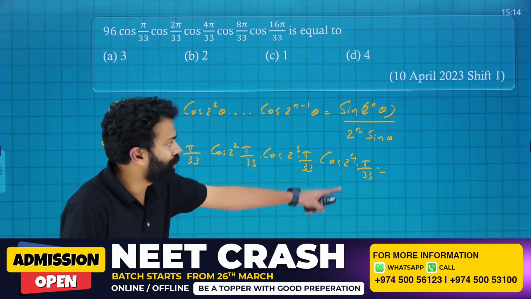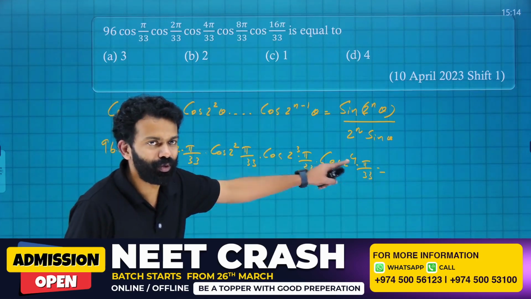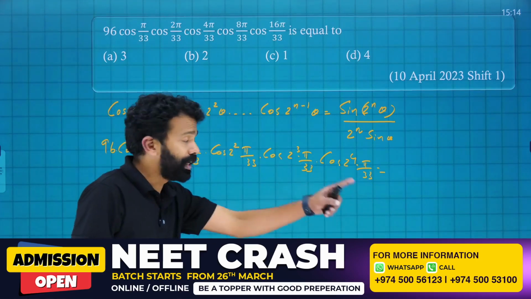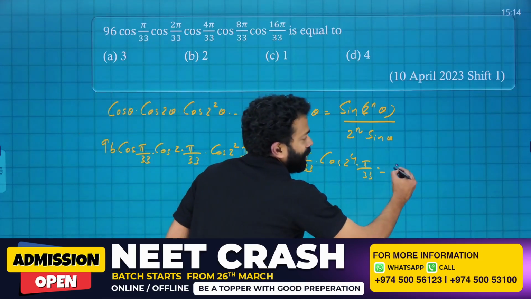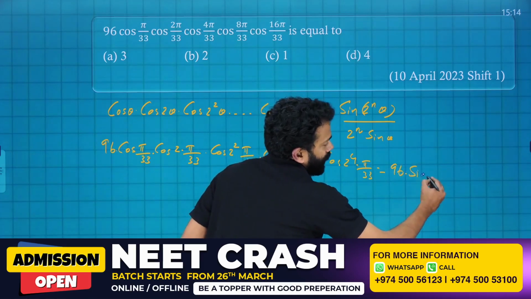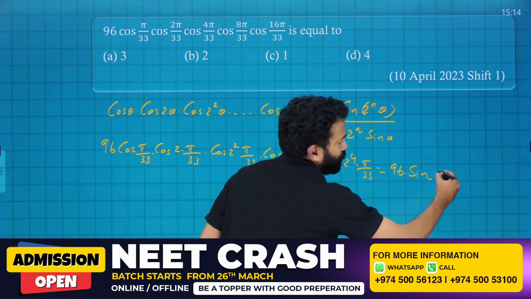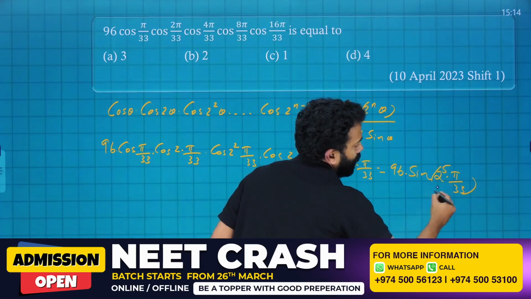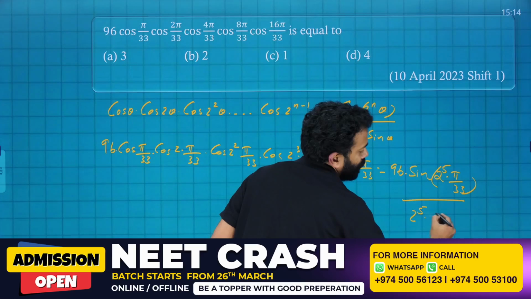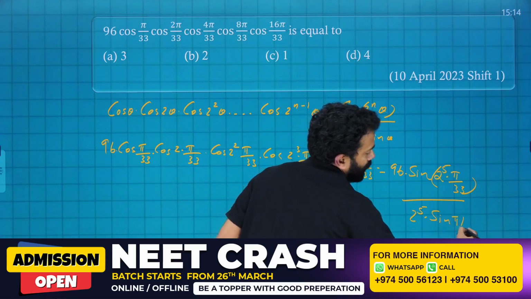Okay. So what is the number used here in power? 2 raised to 4. Therefore, in the right hand side, we should attach the next one. Okay. Don't forget this 96. 96 into sine, the next value will be 2 raised to 5, 2 raised to 5 into pi by 33 divided by 2 raised to 5 into sine pi by 33.